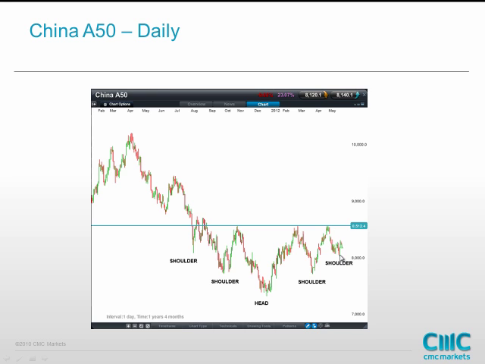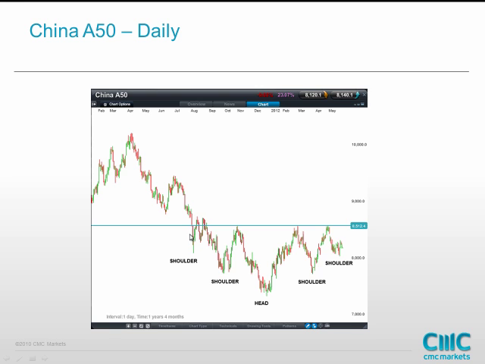But interestingly, right at the moment, we now have a possibility of creating a complex head and shoulder pattern, which works just as well as an ordinary head and shoulder pattern. And the way these are identified is that you get multiple shoulders or multiple heads.